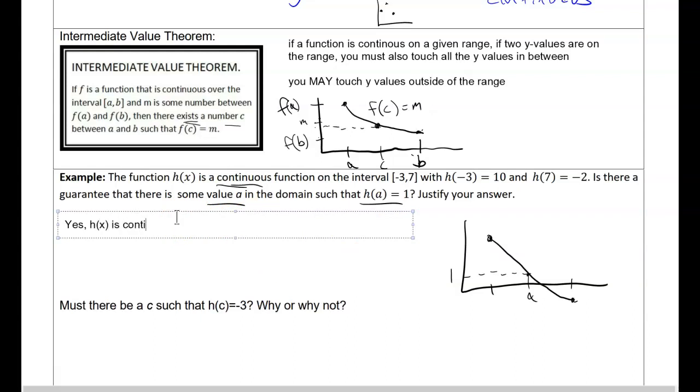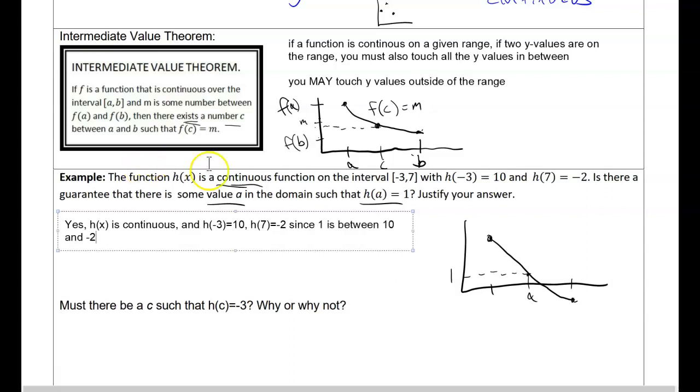So we want to say first h of x is continuous, and we're going to restate the points in the question, sort of like you do in English or social studies, right? We restate some info from the question. And we can say, since our point 1 is between 10 and -2, those y values, there must exist an a that meets our criteria by the intermediate value theorem.